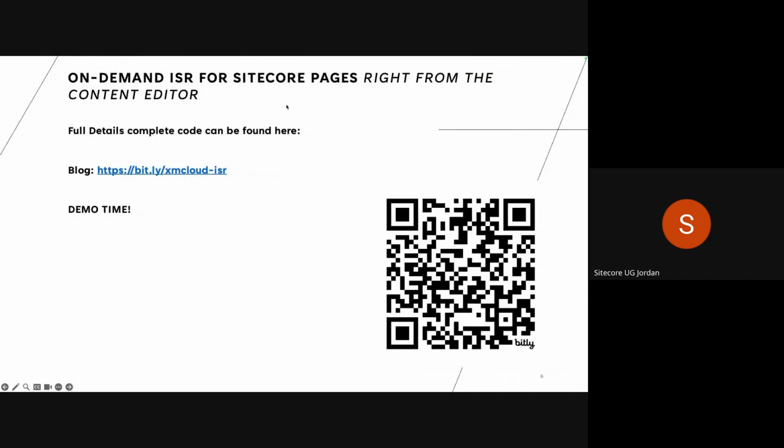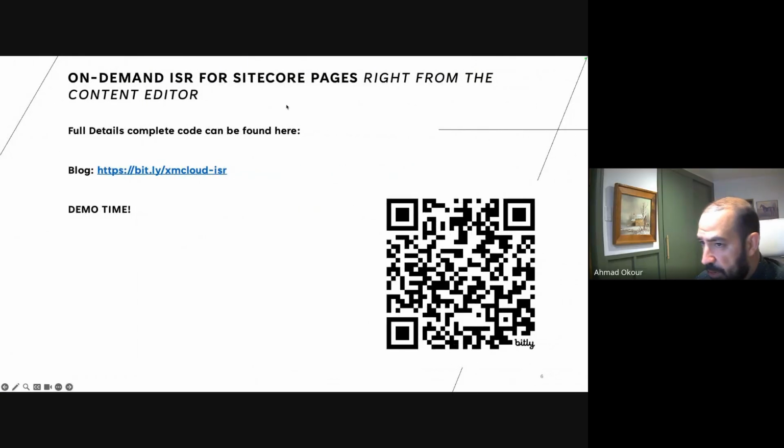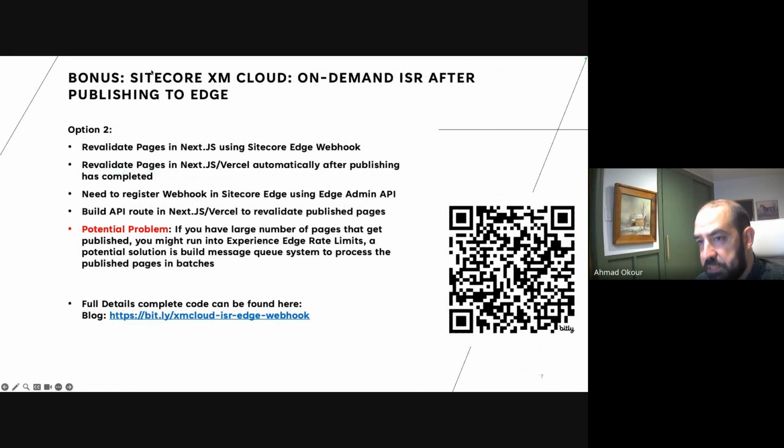Thank you. Right. So that's the manual approach. The next approach, there is this bonus slide here. You can do it using the Sitecore Edge webhook. So basically, when Sitecore publishes content, you can register a webhook that listens to these events.